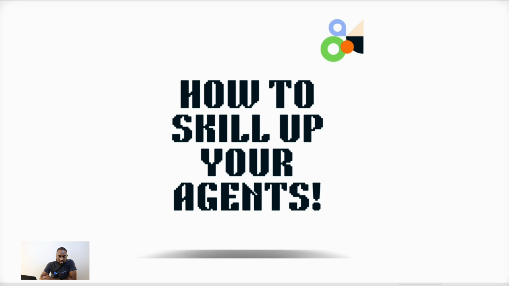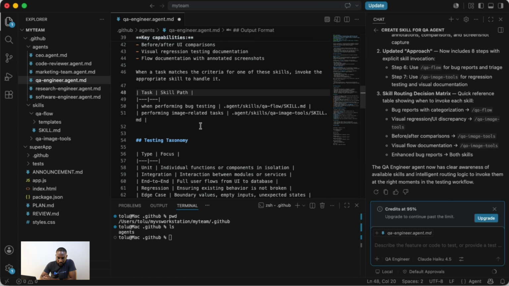Now let's get an image online that can do that. Now we are asking it to give us a bug report analysis on the super app, if any.